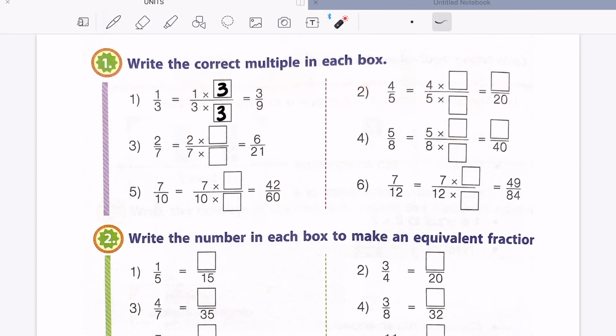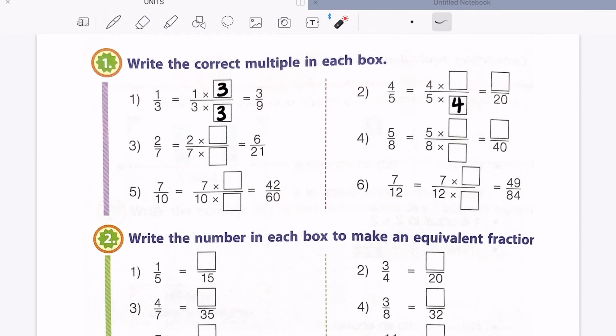4/5 times blank equals blank over 20. So we will first find out 5 times what equals 20. So we know 5 times 4 equals 20.